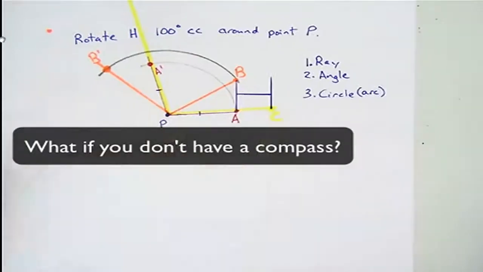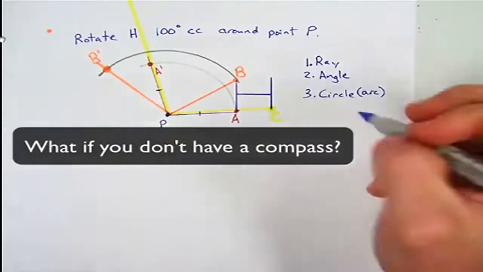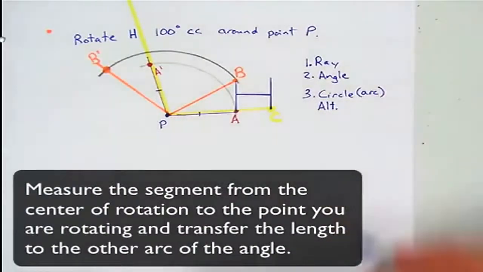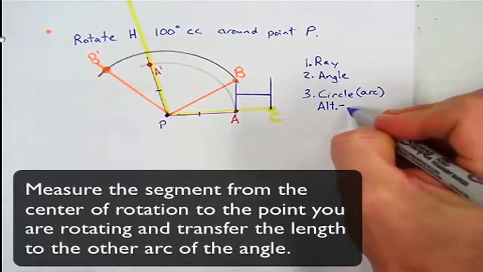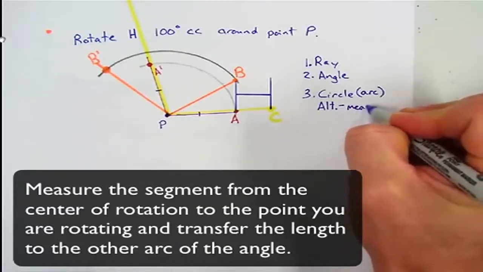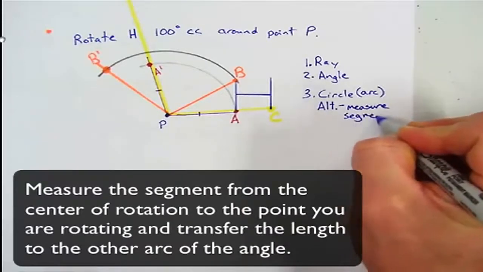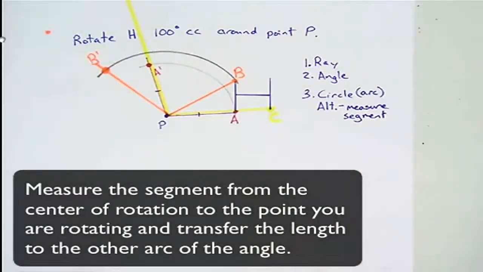Okay. So we have an alternate step that you could do. And the alternate step would just be to measure the segment. Okay. Or measure the radius of the circle, what it would be.